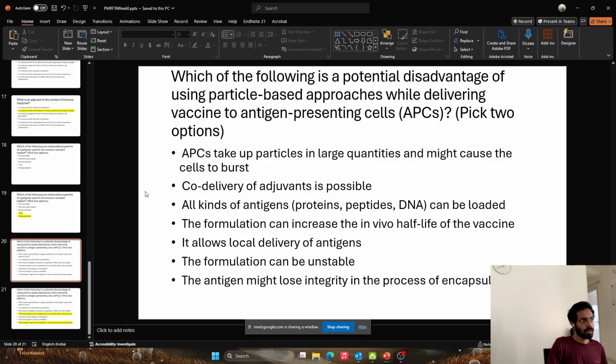Now, if that happens, the protein is useless. Even if the sequence is preserved, you're putting a protein that's basically structureless, or wrong structure, into your body, so it will not elicit the proper immune responses. So, in that sense, losing the integrity during the process of encapsulation might be a disadvantage. So, you will have to take care of which organic solvent you're using, which aqueous phase you're using, and so forth.